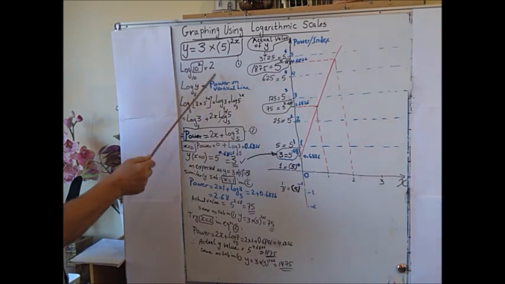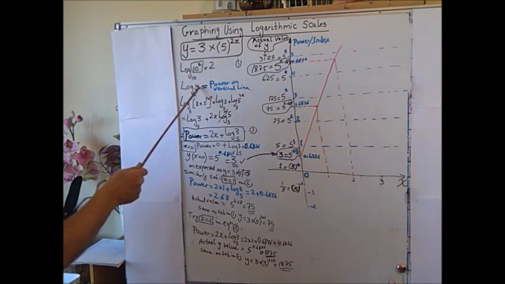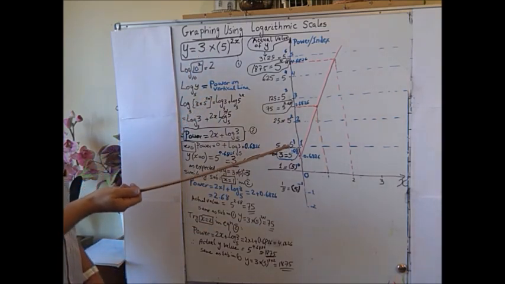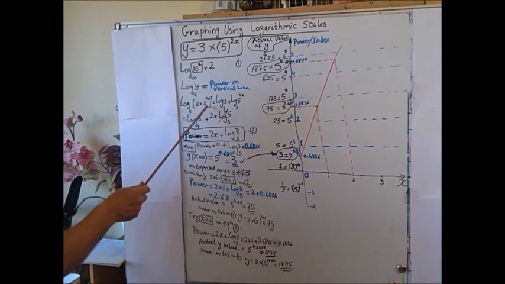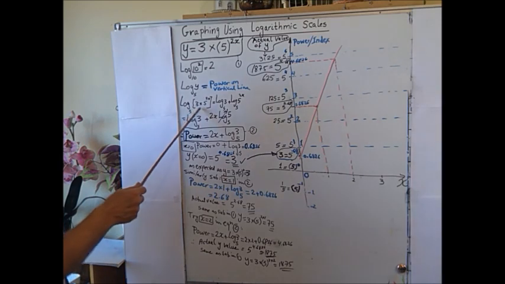So this is the comparison. In this case, we substitute for y: 3 times 5 to the power 2x. If you have another example, that's what you put. As you know from logarithmic rules, this is a product, so it gives you a sum.